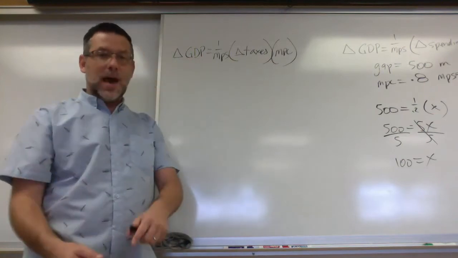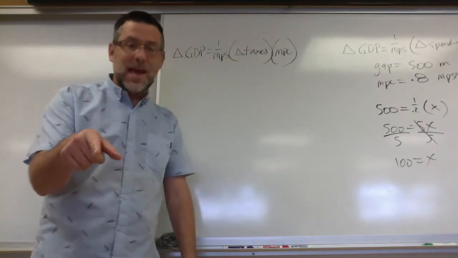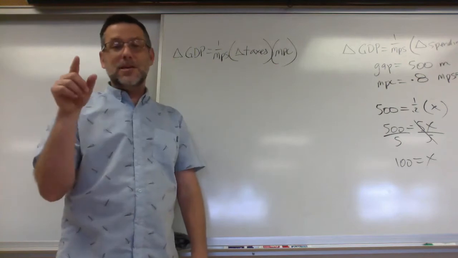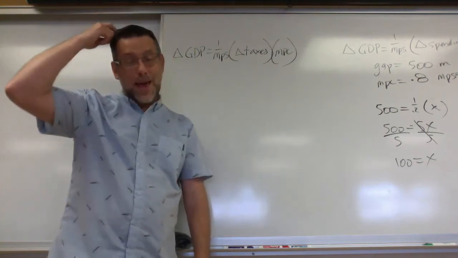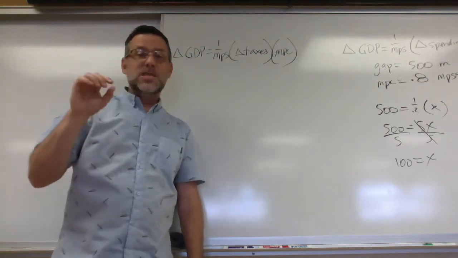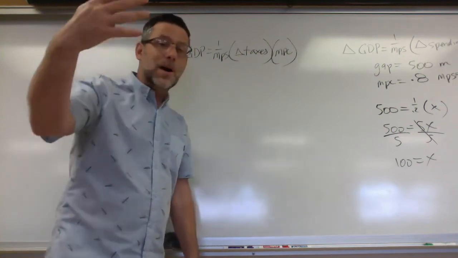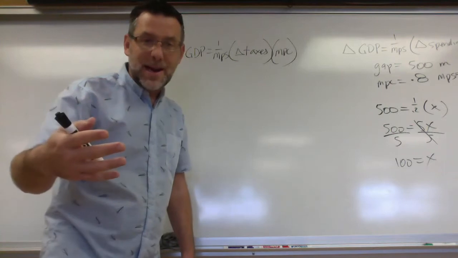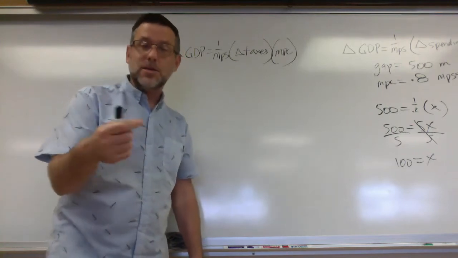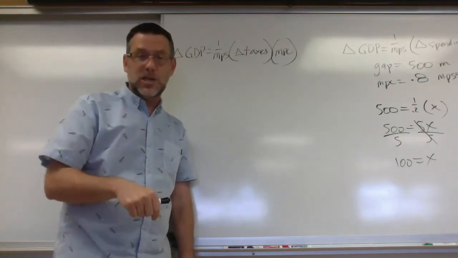What am I going to do with that? Well, I'm going to put some of it in my savings account because that's what MPS is. And then I'm going to spend some of it. That's my MPC. So some of it never becomes GDP. If the government gives you money back and you don't spend any of it, there's no GDP there. That's just a transfer of funds. That doesn't count for GDP.